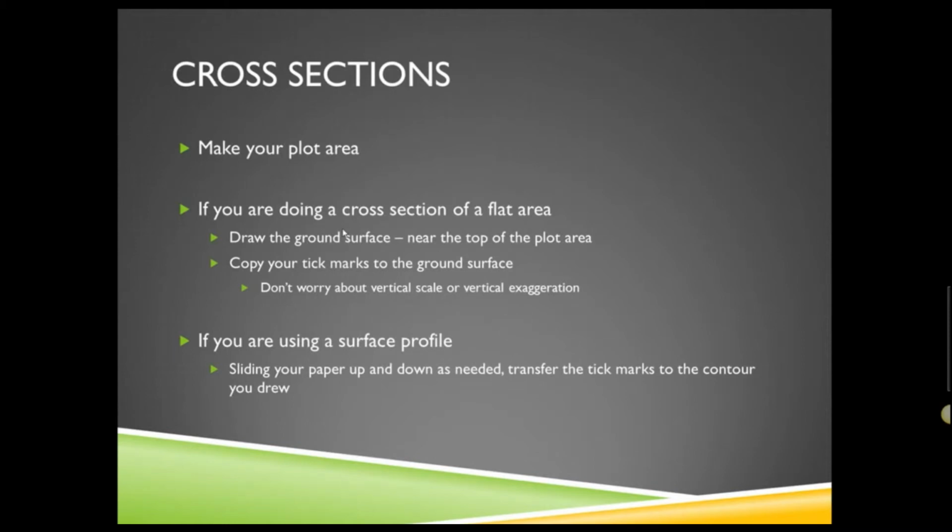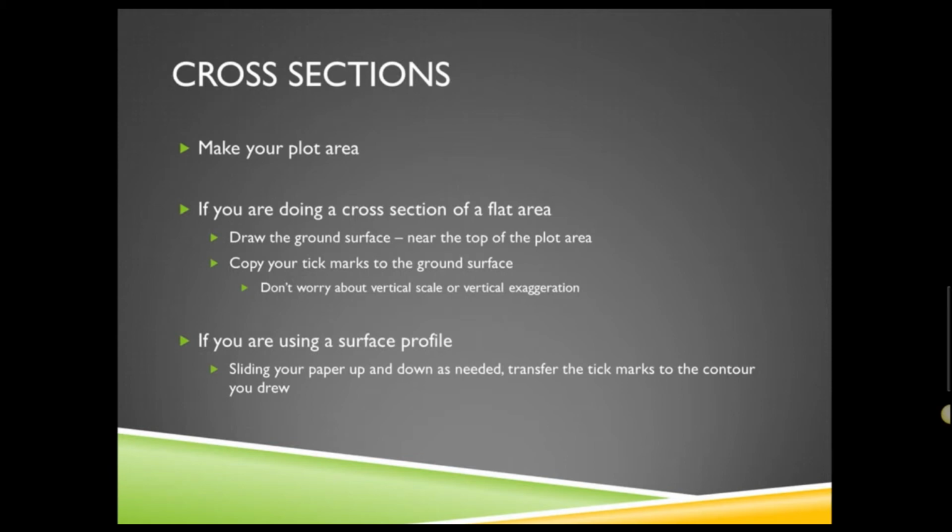Now, if when you're creating your plot area, your ground surface is flat, you can just draw a straight line across the top that connects to your vertical axis, and that's your ground surface. If, like in part 3, you have a surface profile, don't draw the line across the top.